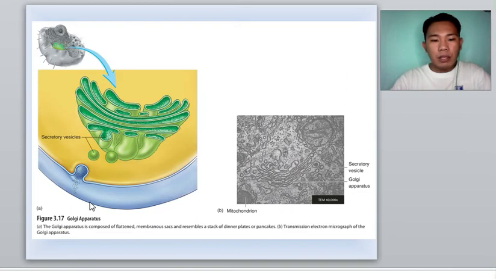This illustration is the Golgi apparatus, composed of flattened membranous sacs and resembles a stack of dinner plates or pancakes. So this one is the transmission electron micrograph of the Golgi apparatus.